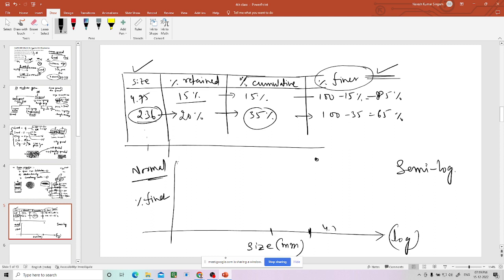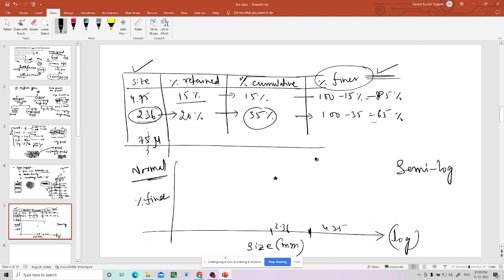So this is 4.75, this is 2.36. What do I do with 2.36? It is 65, somewhere here. Like that you go down until you reach 75 micron, that means 75 into 10 to the power of minus 6 meters, or else 75 into 10 to the power of minus 3 mm.